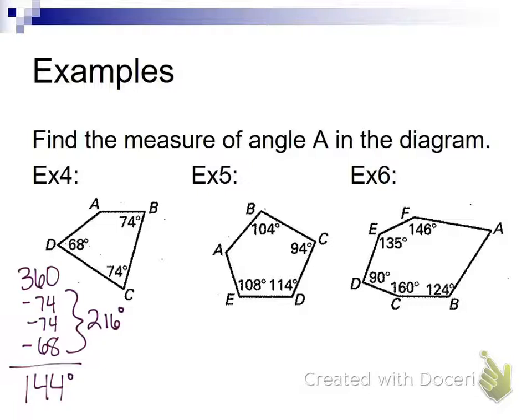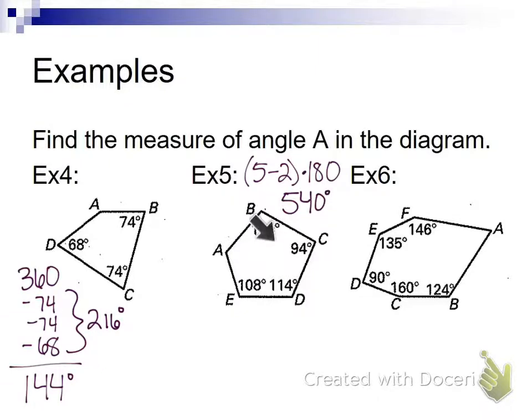All right, example 5. This time we don't have a quadrilateral. How many sides do we have? 5 sides. Now, I think we just did this one, but we should be doing 5 minus 2 times 180 first. What does that give me? 540 degrees.